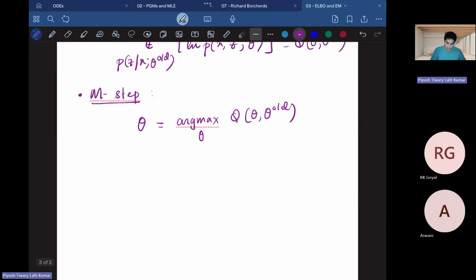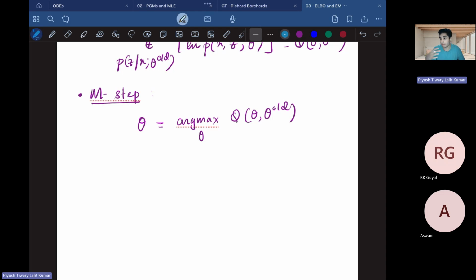Now, with this explanation, the math is working out, but it might not be very intuitive. Honestly, to me also, the expectation maximization, the E step and the M step, has been difficult to comprehend.